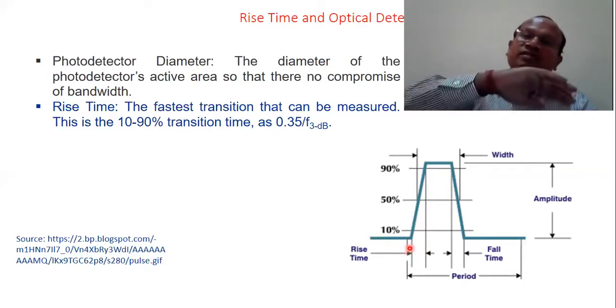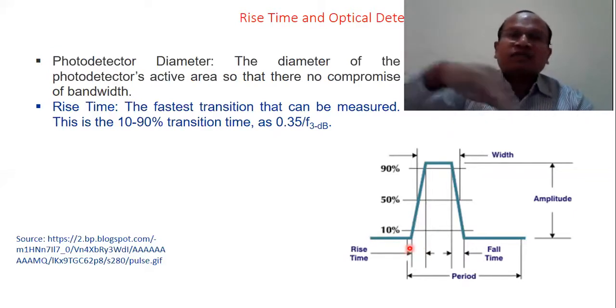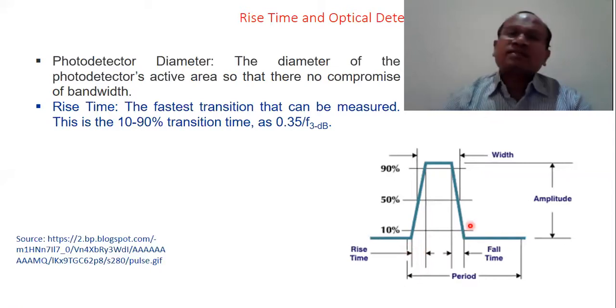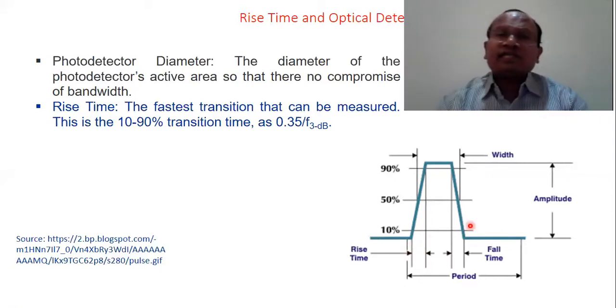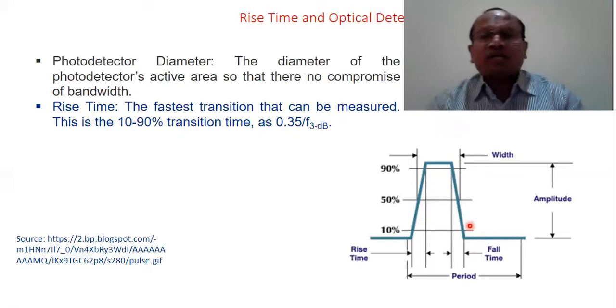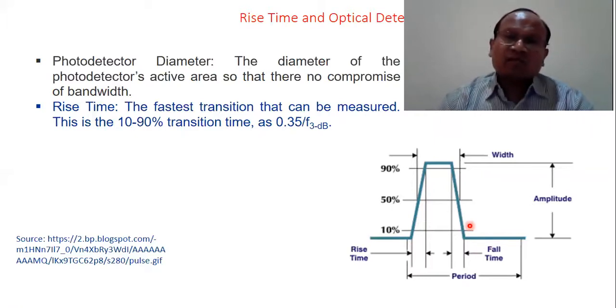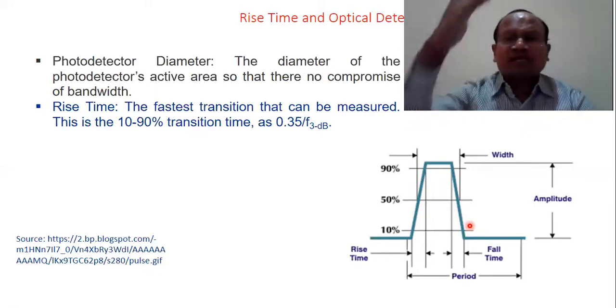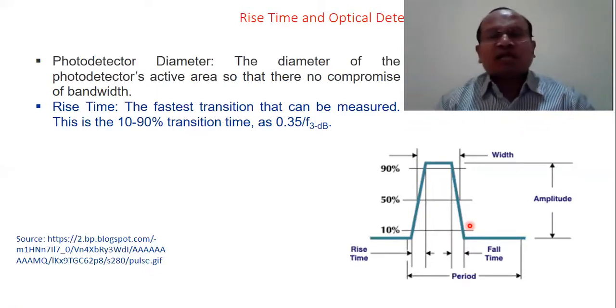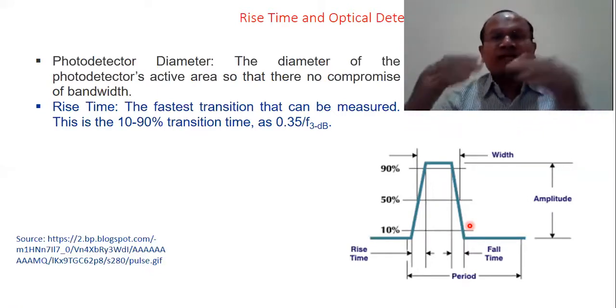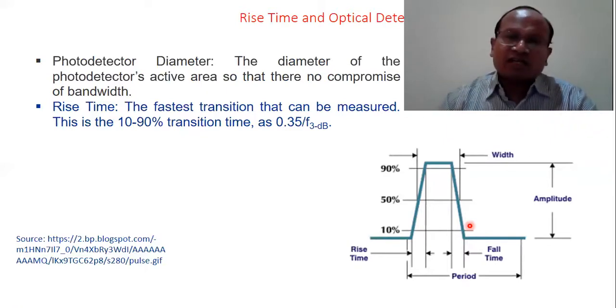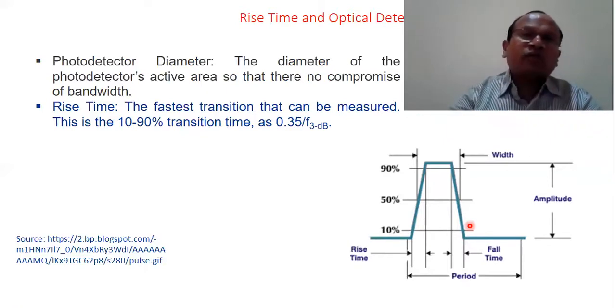That is when it is on the rising side. When it is on the falling edge, it is called fall time, because the signal may be rising or it may be decaying. While decaying, the same terminology from 90 to 10% is called fall time, and from 10 to 90% during the increasing mode of the signal is called rise time.